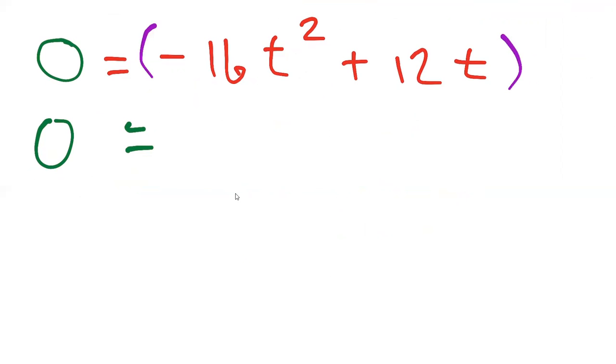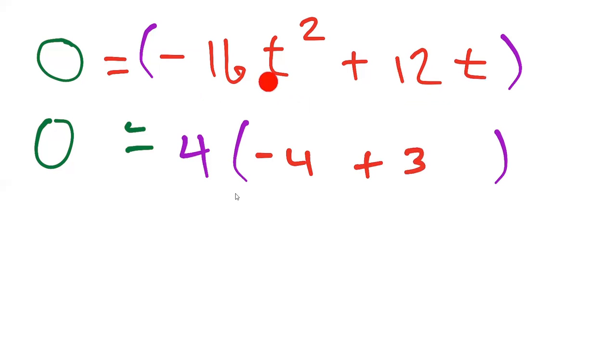I'm going to look at the numbers first. Both negative 16 and positive 12 are multiples of 4. So take a 4 out of both. Negative 16 divided by 4 is negative 4, and 12 divided by 4 is 3. Notice I haven't even touched the t's yet.